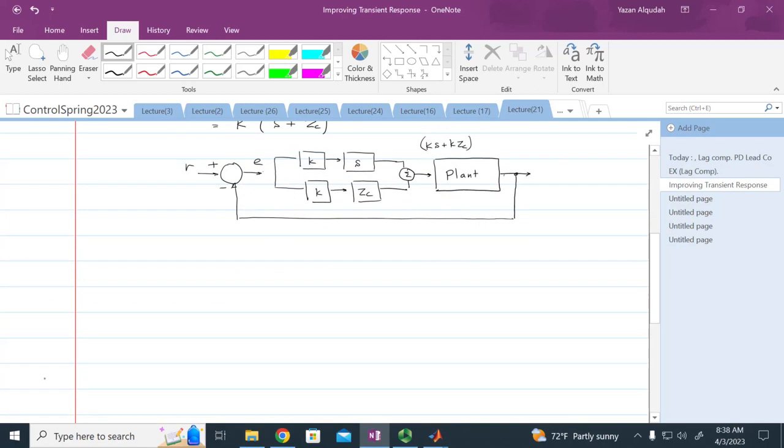So let's see how we're going to design a PD controller of a system.